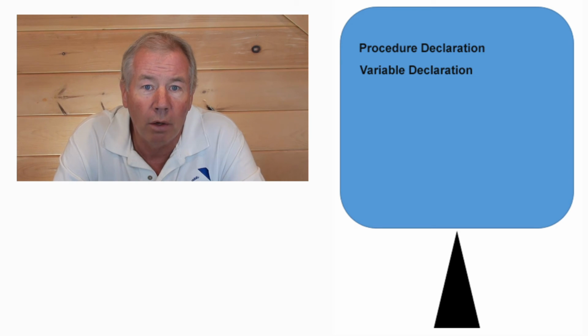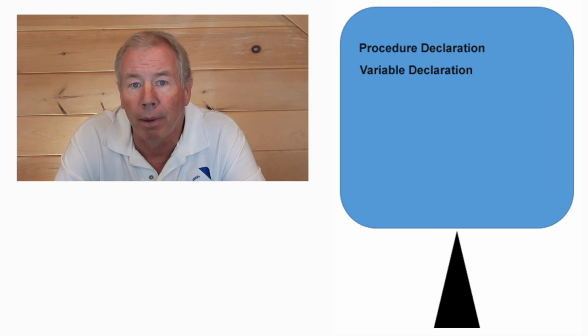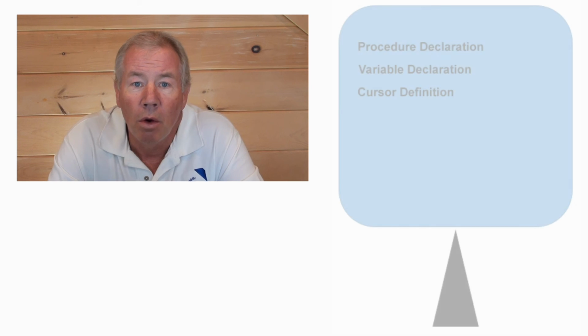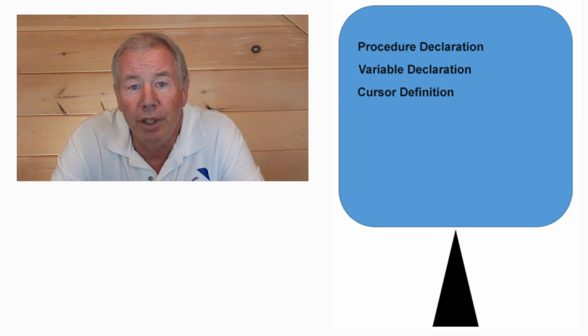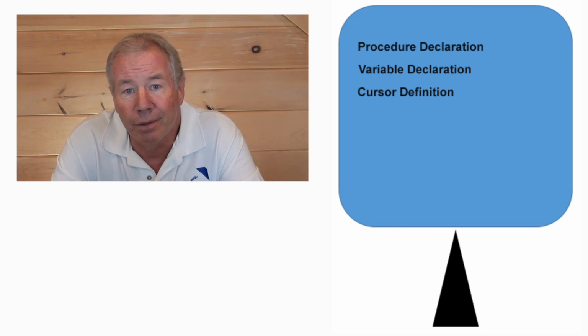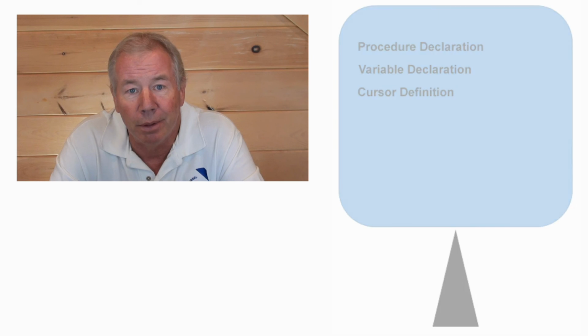Interestingly enough, you can also in PL/SQL define a table type and instantiate that, but that's a little beyond our scope for this particular class. So if you catch me in my next one, we'll get into that in great detail. We then learned how to define a cursor, really easy syntax. Cursor name is, and then the select statement, easy peasy.